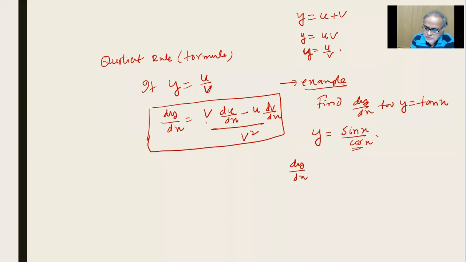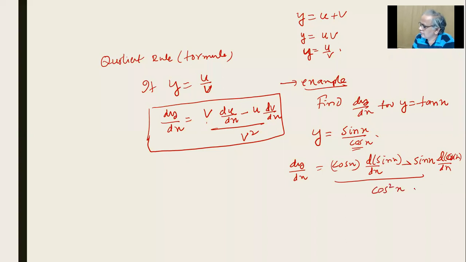V is cos x into derivative of sin x, d of sin x by dx, minus u, sin x, into derivative of cos x by dx, whole by v square, that is cos square x.